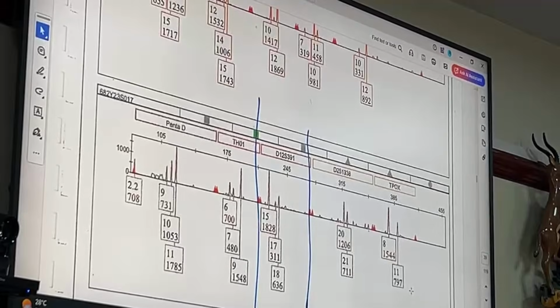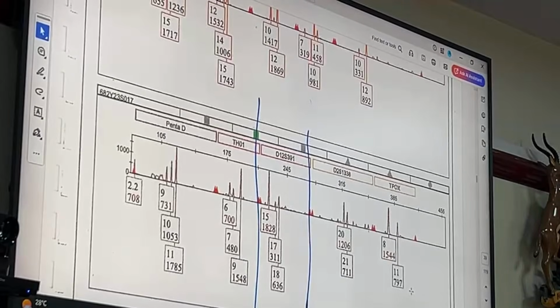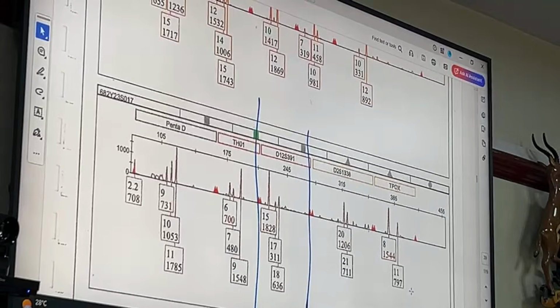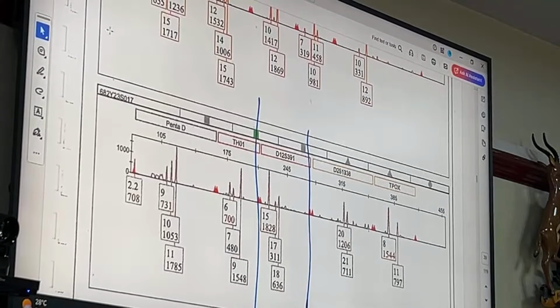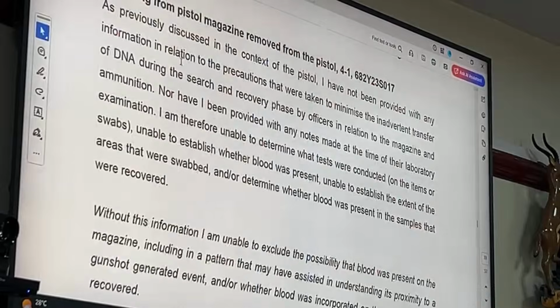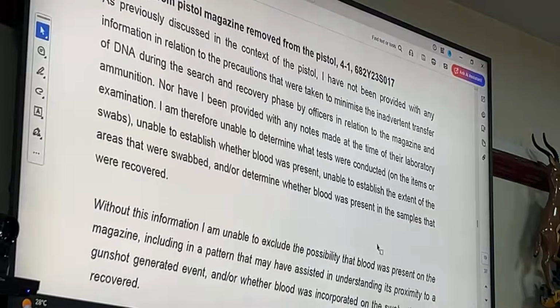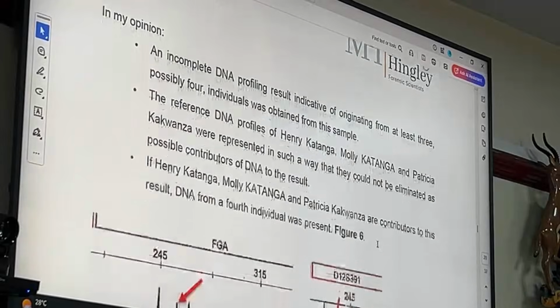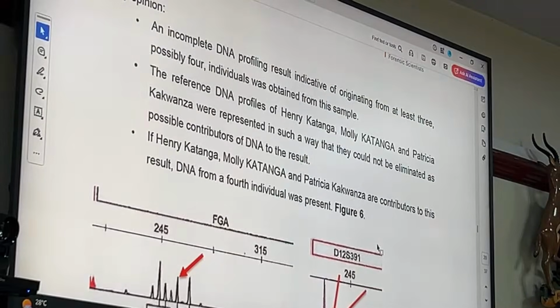Cindy, before I even come to the issue of major and minor, if it's a conclusion that it is a billion times more likely that Henry, Molly, and Patricia contributed rather than an unknown individual, what would you comment about the accuracy of such a conclusion? In my opinion, I agree with the initial interpretation that it's not possible to eliminate Henry, Molly, or Patricia.